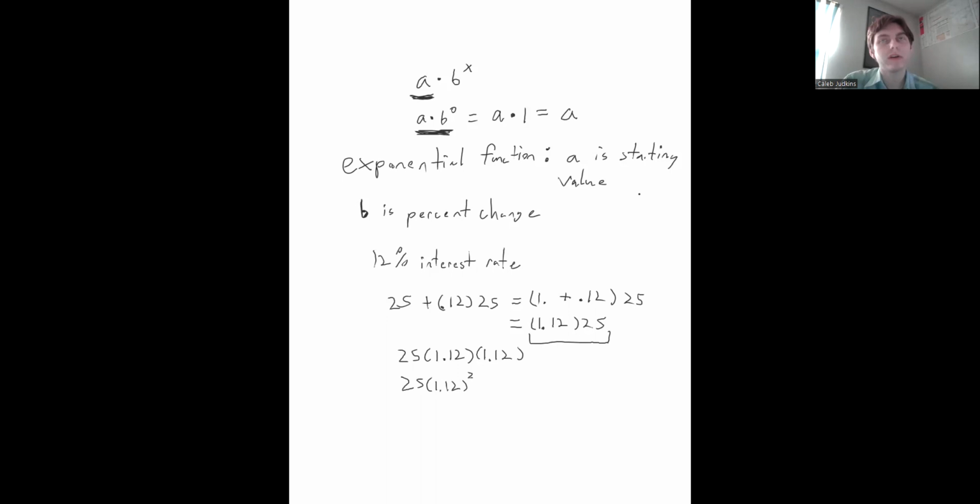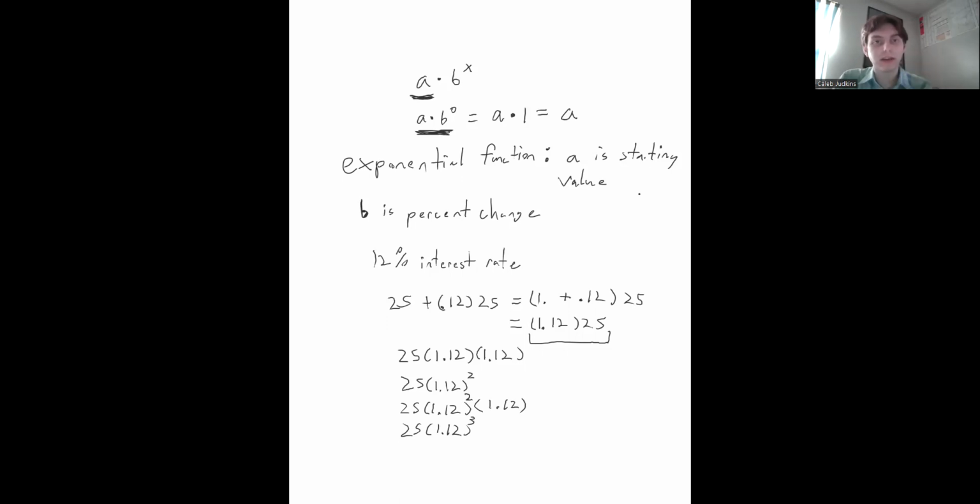Let's say we wanted to find how much we would have after the third year. Again, we would do 25 times 1.12 times another 1.12. Now we're multiplying by 1.12 three times, so I would do 25 times 1.12 raised to the third power. Maybe we're seeing a pattern here.